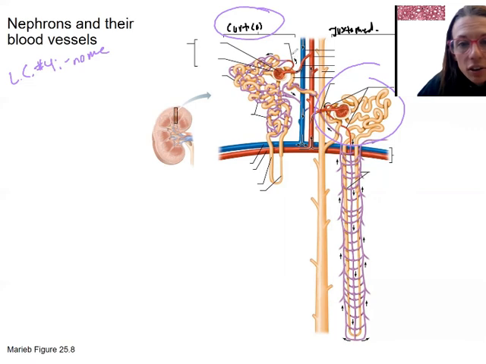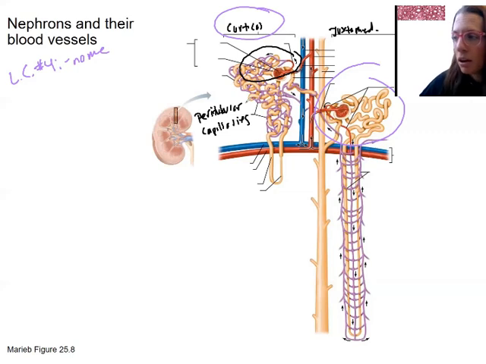That efferent arteriole either connects to peritubular capillaries, which surround cortical nephrons. They are very closely adjacent to all the tubes, and we're going to look at what happens in terms of reabsorption and secretion in that location.